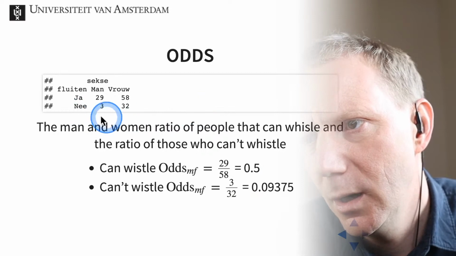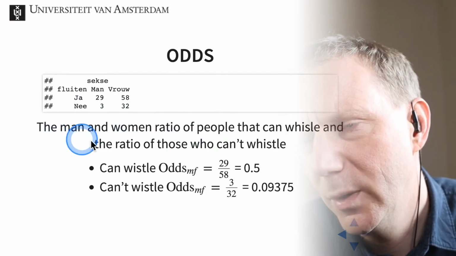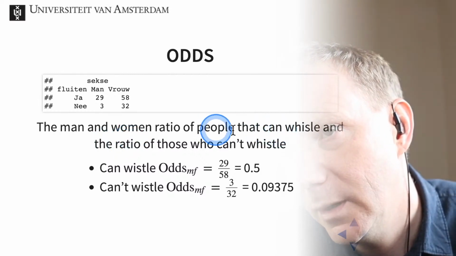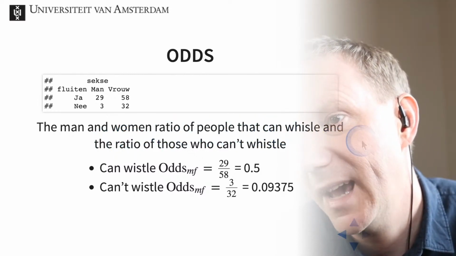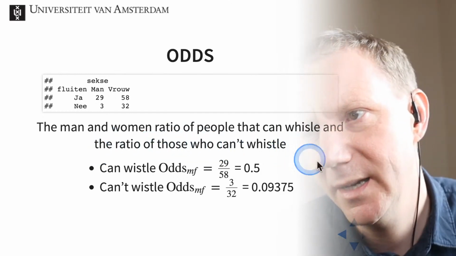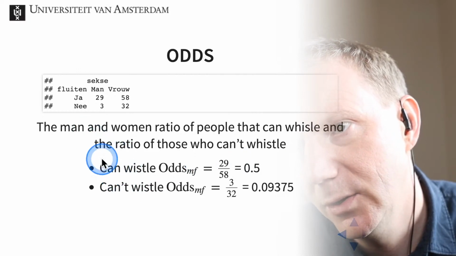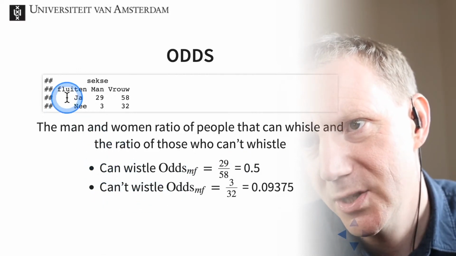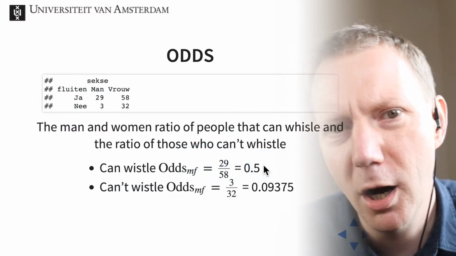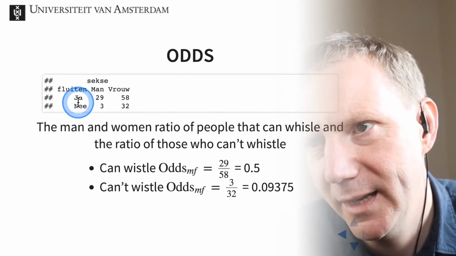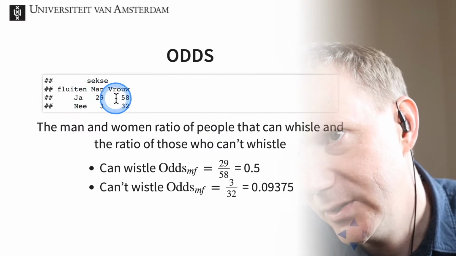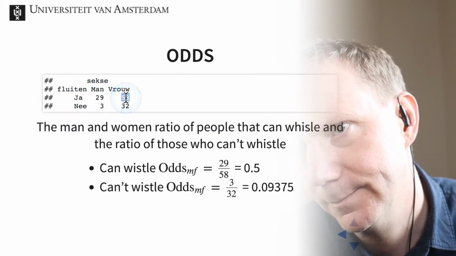So what Field is actually doing is taking the men and women ratio of people that can whistle and the ratio of those that can't whistle. So he's splitting essentially the whistlers and the non-whistlers. In his first odds, the ratio that he's creating is for the people that can whistle. So it's a ratio of 29 to 58.